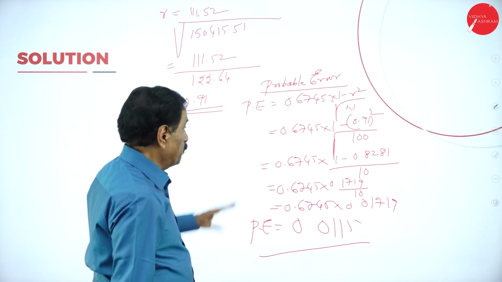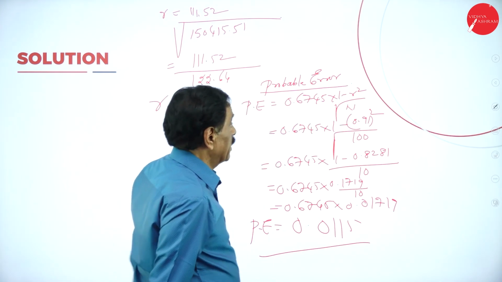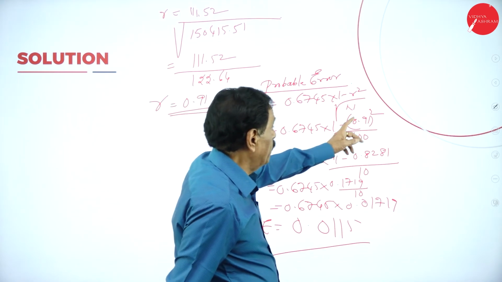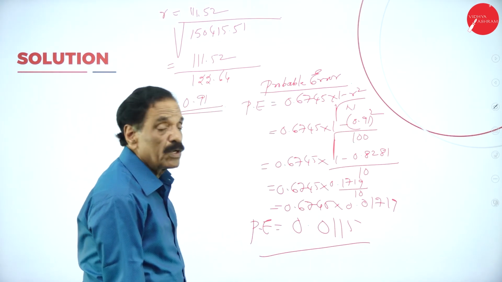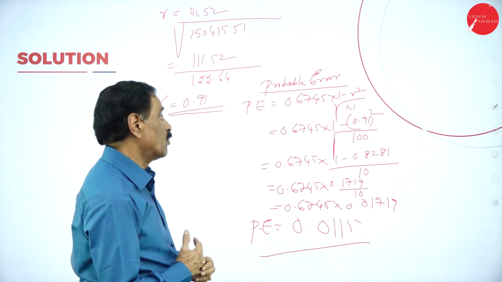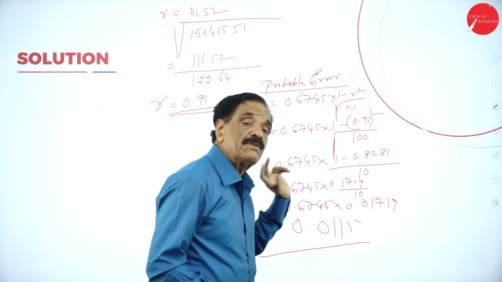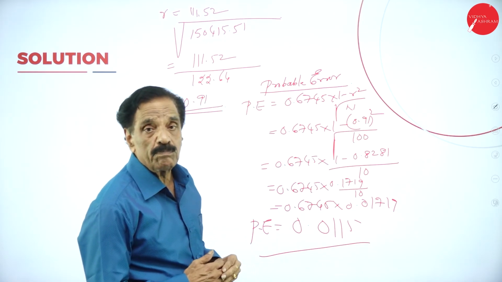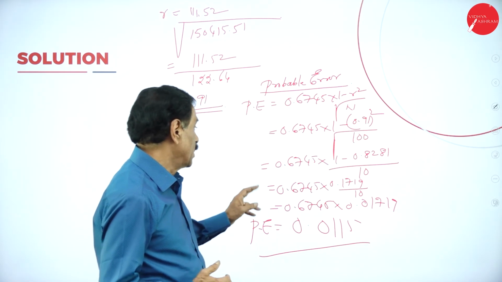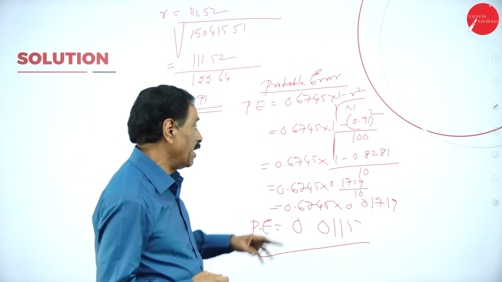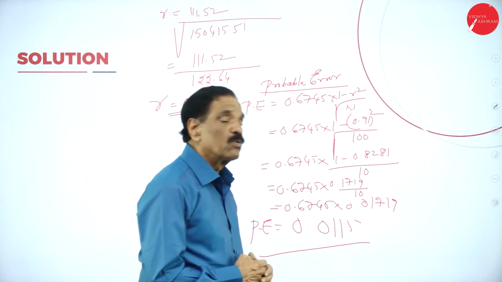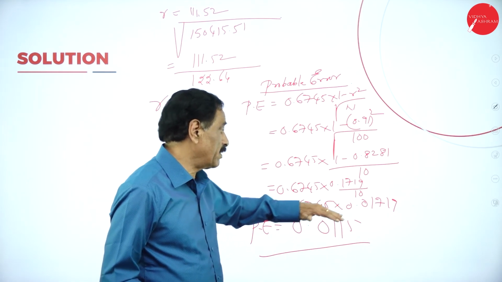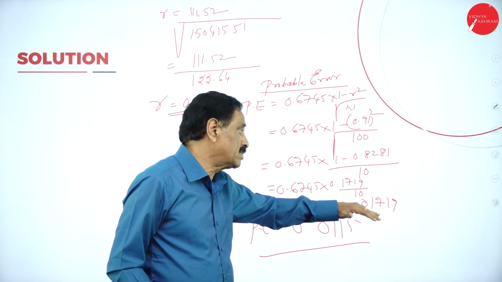Probable error is equal to 0.6745 into 1 minus R square divided by root n. Square of this number is 0.8281. So 1 minus this is 0.1719 divided by 10, 0.01719.